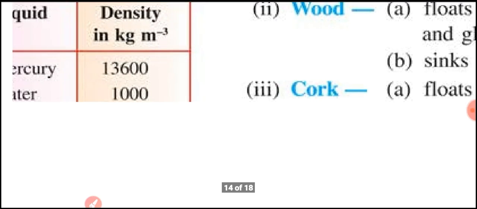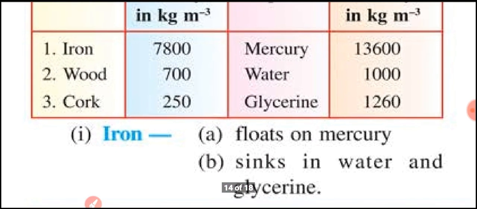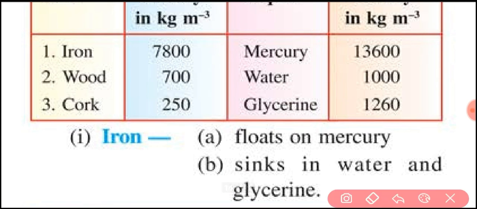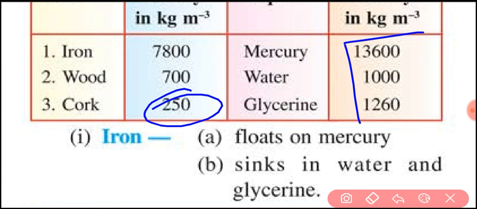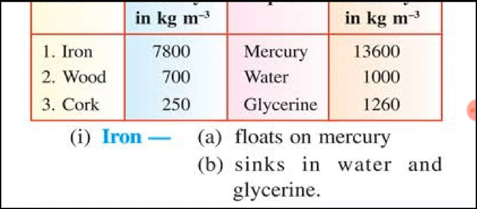Then now cork. Cork is also the same. The density of cork is this much only, but the density of these three is more than this 250. So, cork will float on these three, but sinks in none.